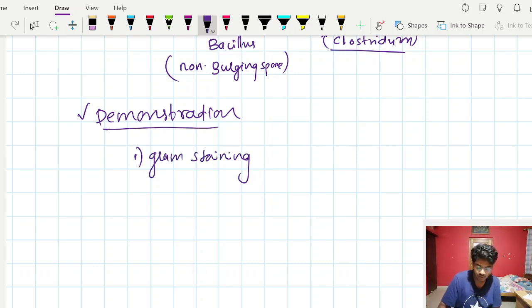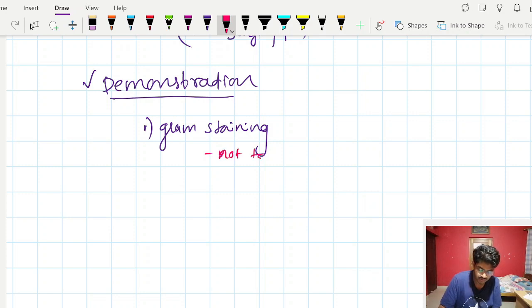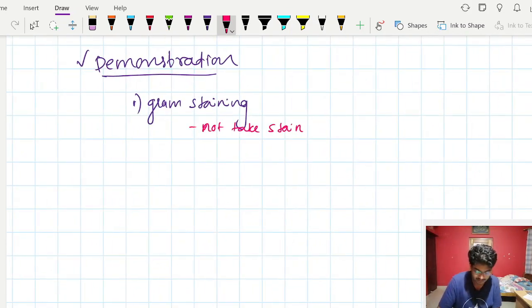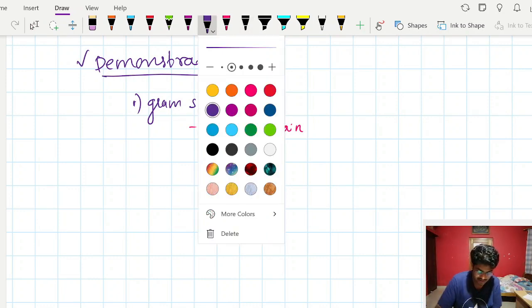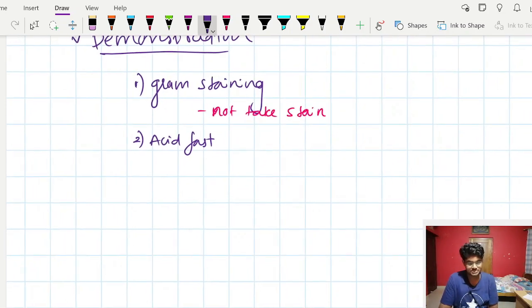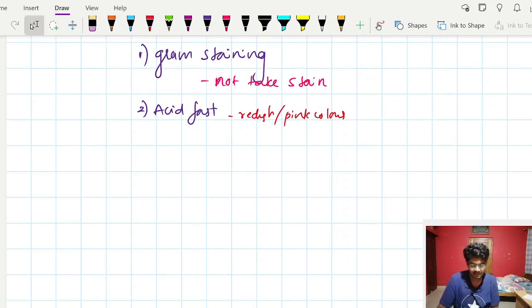We already saw that in Gram staining, spores are non-stainable, they will not take the stain, while the rest of the organism will take the stain. Then another method is acid fast. Spores are slightly acid fast positive, so there will be a reddish or pink color. That's slightly acid fast, so only a slight color will be there.